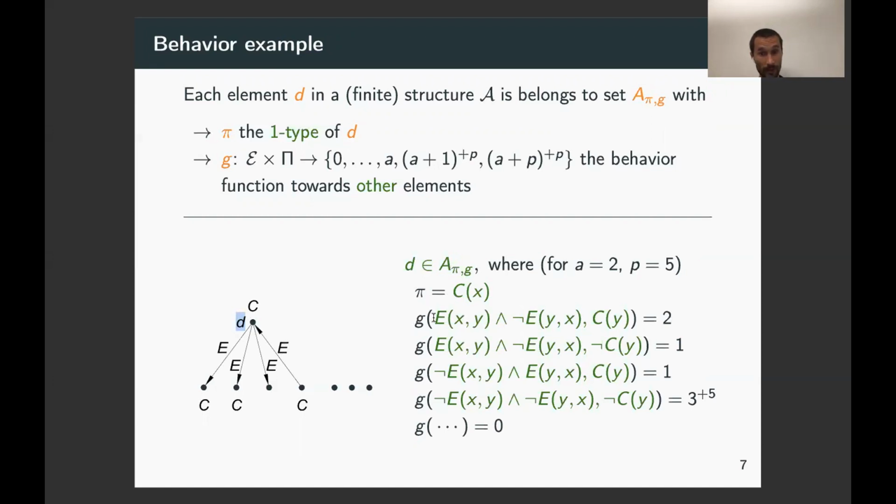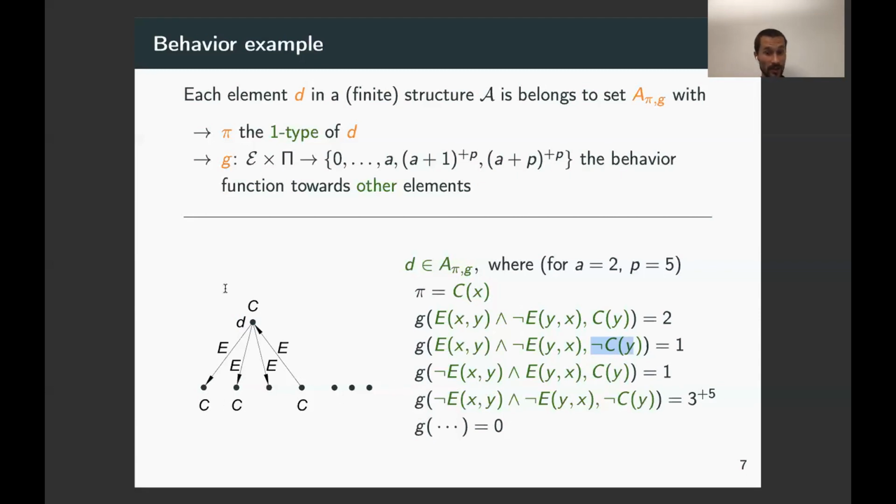And here the 2-type is E(x,y) and not E(y,x), this is this edge, so there is no backward edge. And C(y) is the type of the end of this edge. For 2 of these elements, the same holds, except that now we have not C(y), so the end is not in C. One element has E in the other direction, but with C. So we have here not E(x,y) and E(y,x), C(y). It is one element.